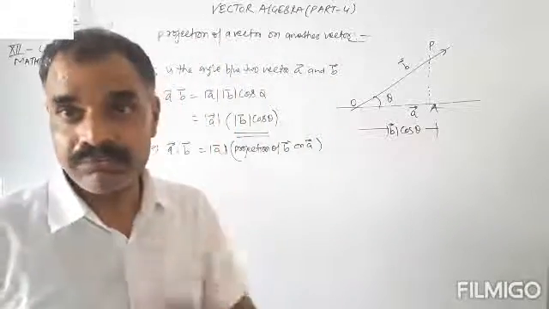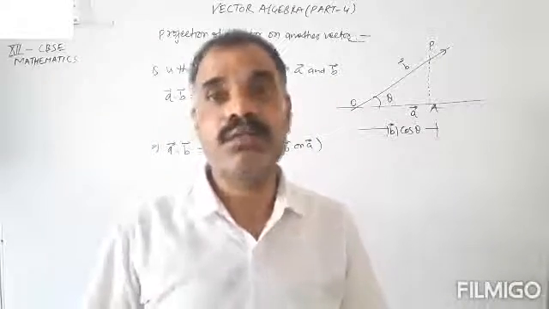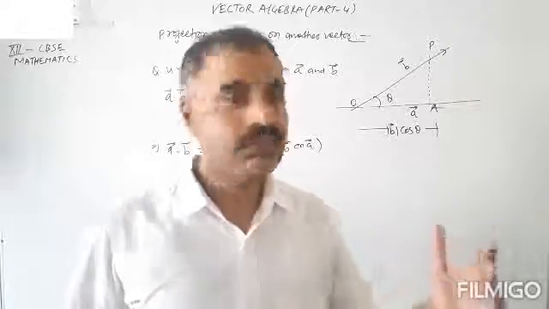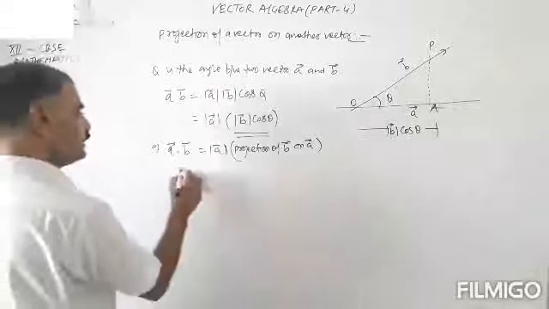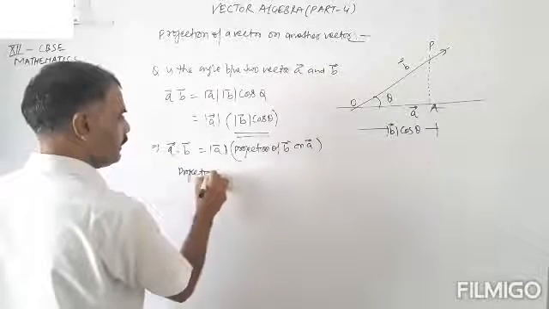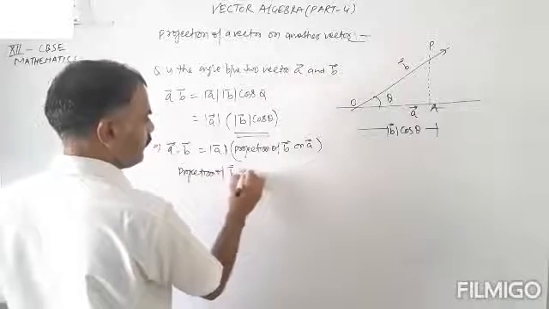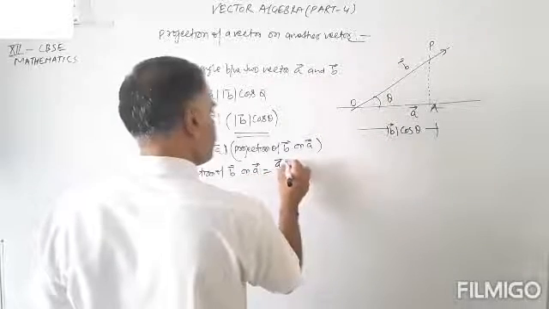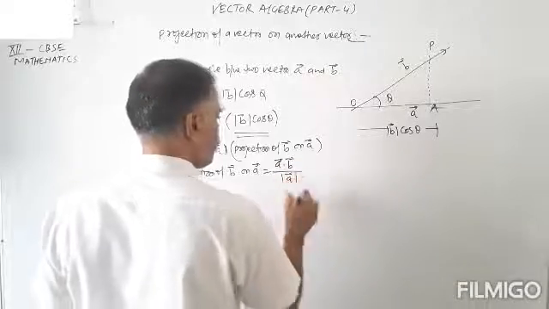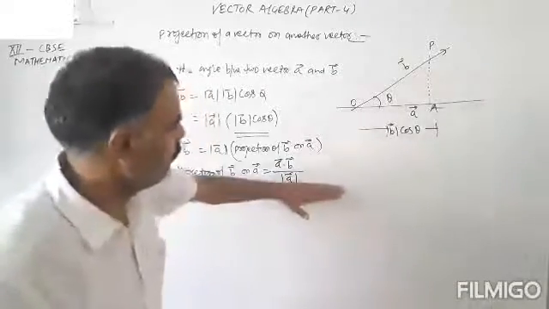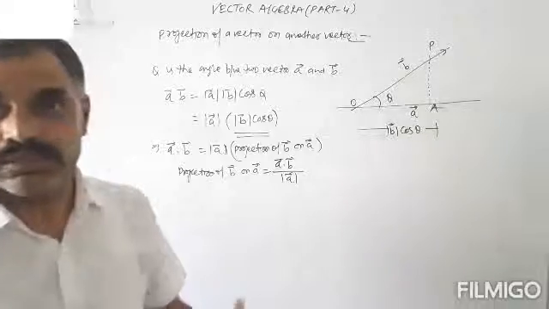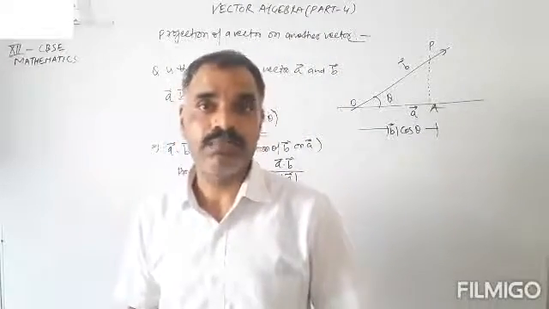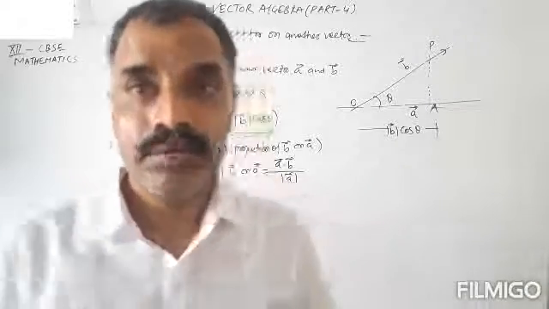So what are we finding? We are finding the projection of vector B on another vector A. The projection of B vector on A vector is equal to A vector dot B vector divided by the magnitude of A vector.